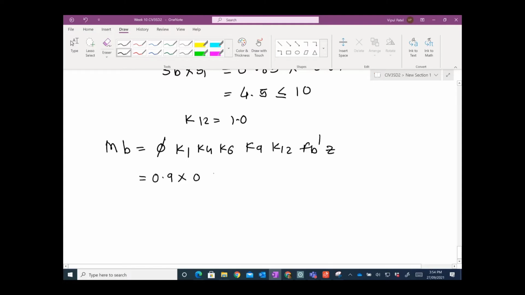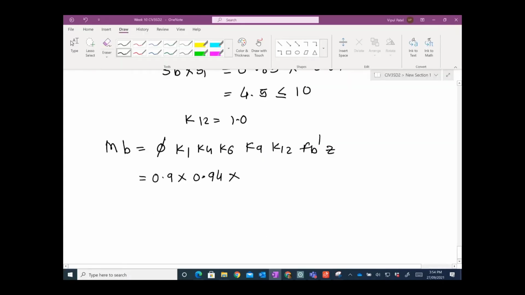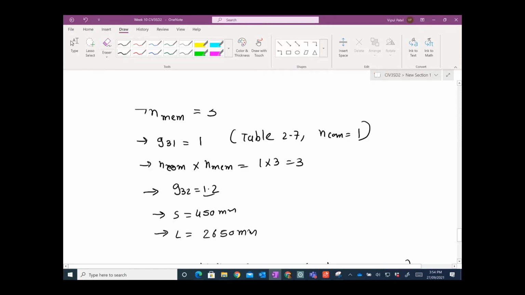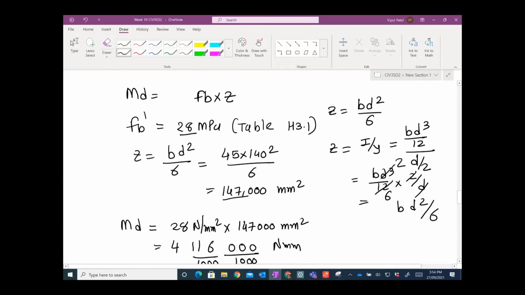K1 was 0.94, K4 value was 1, K6 was 1, K9 we have 1.13, K12 we have 1. And f'b, remember we calculated that before, is 28, and Z is 147,000.